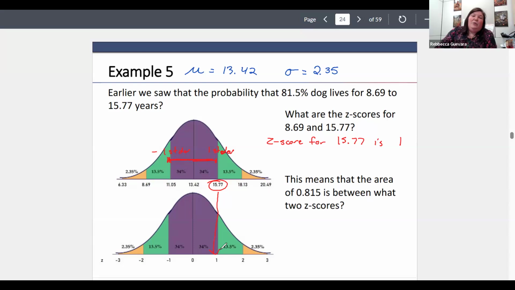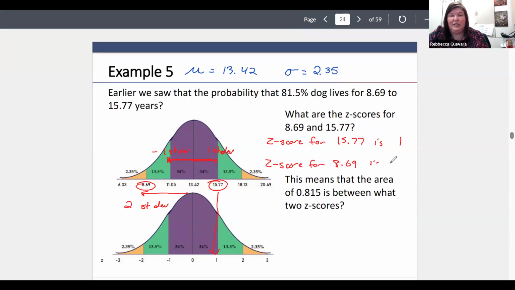The whole reason that works is because it's 1 standard deviation from the mean. This is 2 standard deviations from the mean, and it's also less than the mean, so my z-score for 8.69 would actually be -2.